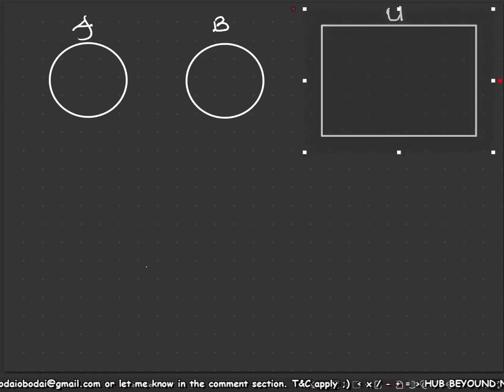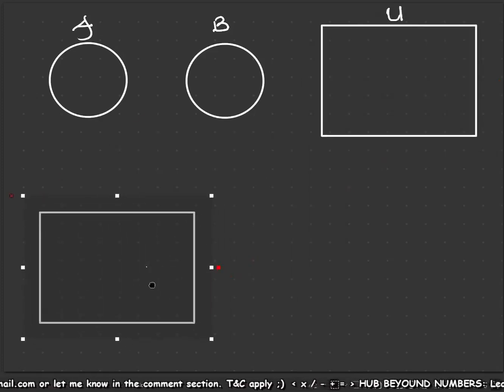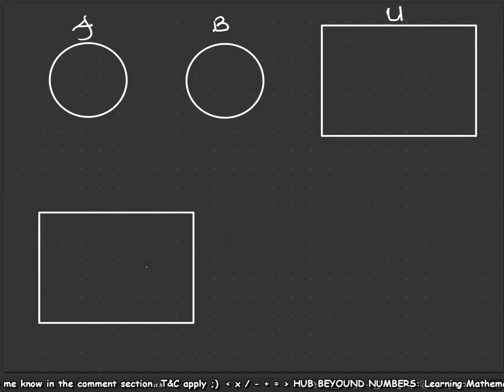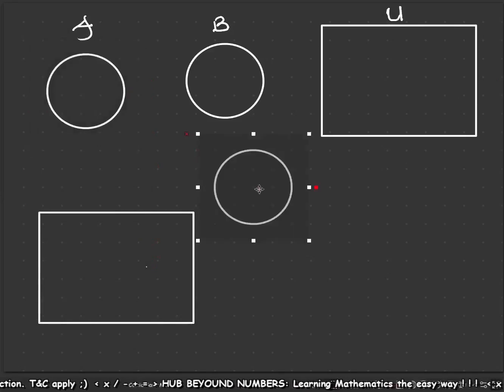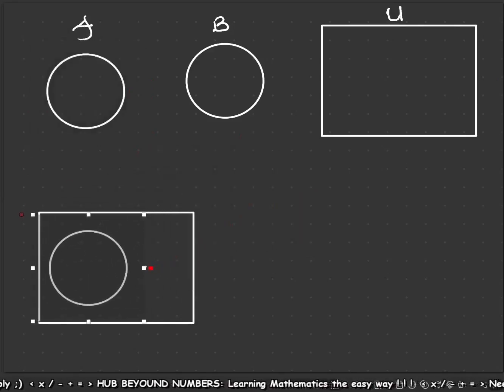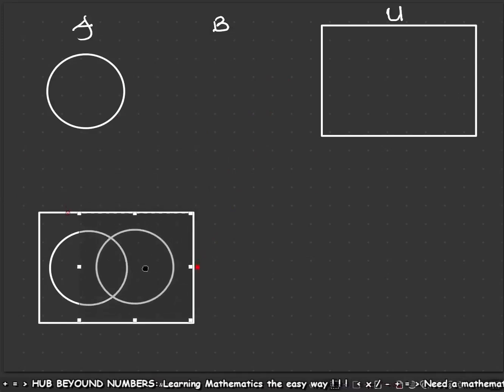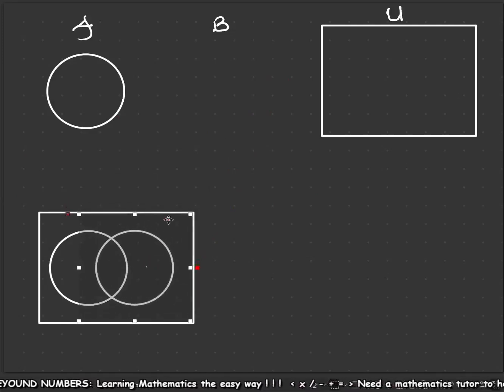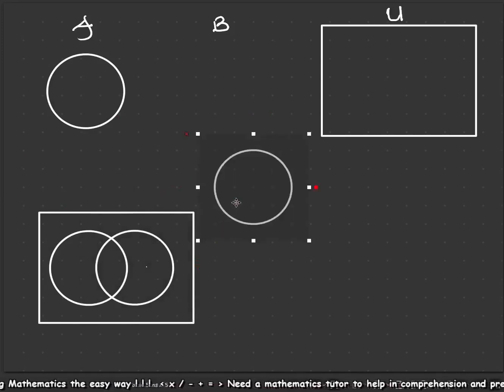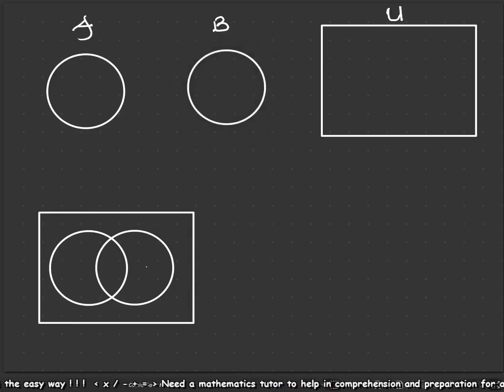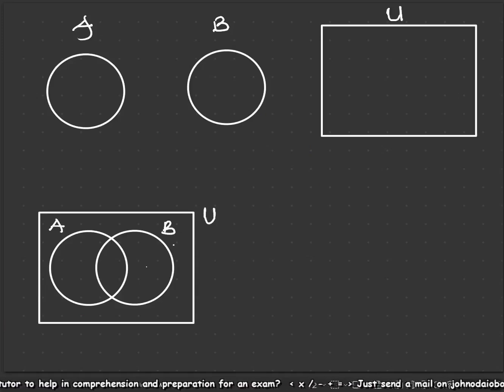First of all, if both A and B are inside of our universal set, and there are elements in A that are also in B, then this is how we draw them. So that we will have A over here, B over here, and then our universal set written outside over here.